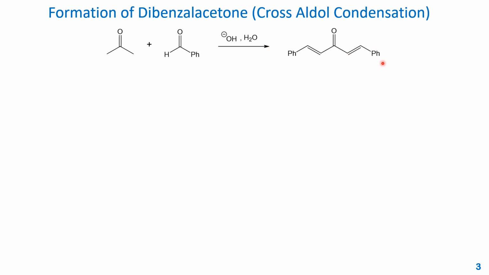And the arrow pushing mechanism. First step, we have the acetone, and the alpha proton will be deprotonated by the base. So this is the alpha proton, and the base will deprotonate the proton and push the electron back to form the pi bond, and then break that pi bond to oxygen.